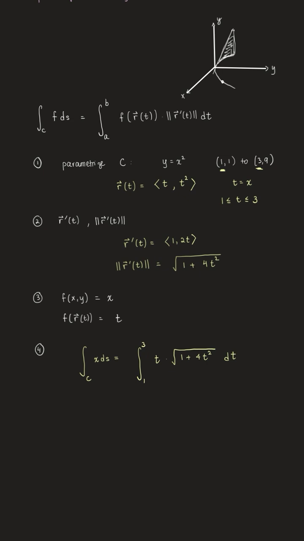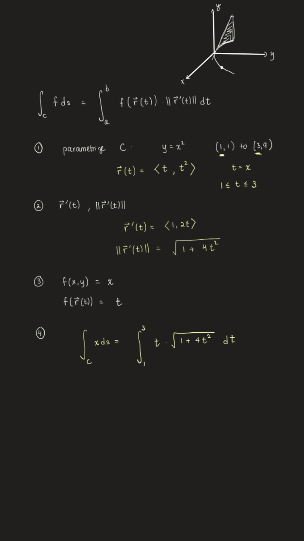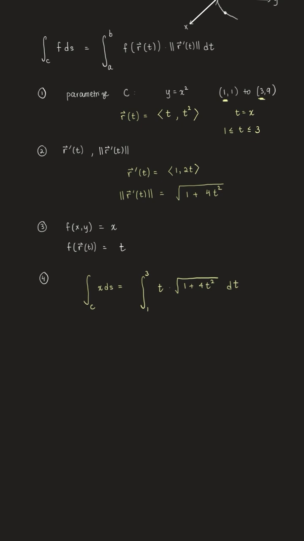Right? So this tells us how much we travel along our curve, and then we multiply by the height of our curve to get the area of the panel above our curve C. And now we're ready to evaluate our integral.